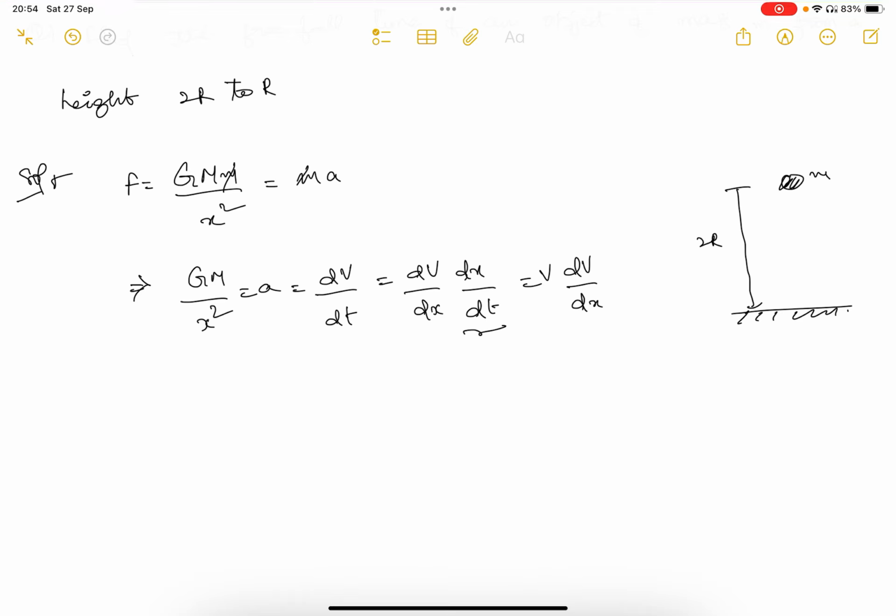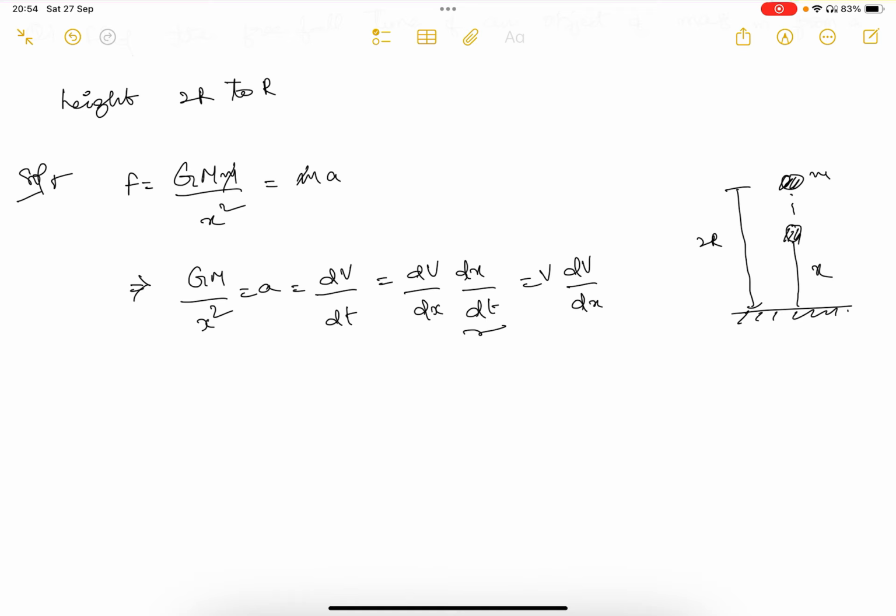After an arbitrary time t, it will travel a certain distance and reach a certain height x from the surface. As you can see, as the potential energy decreases, kinetic energy increases.